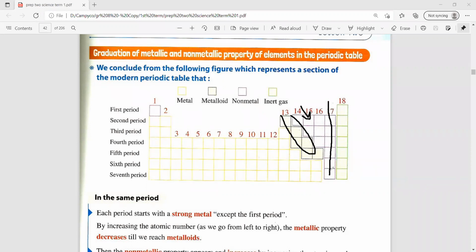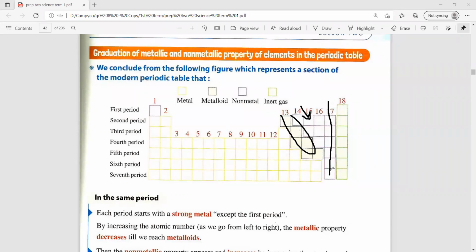Okay, very good. So by increasing the atomic number, the metallic property decreases when we move from left to right, until we reach metalloids, then non-metallic properties start to appear, and it increases until we reach group 7A.